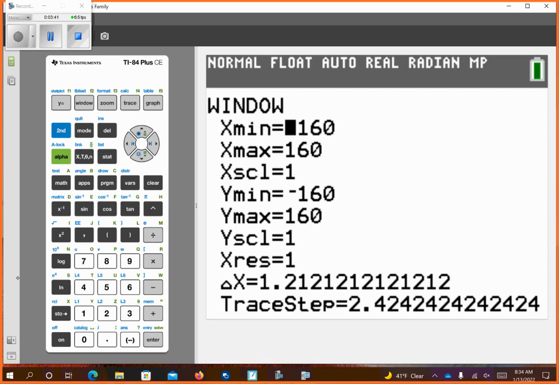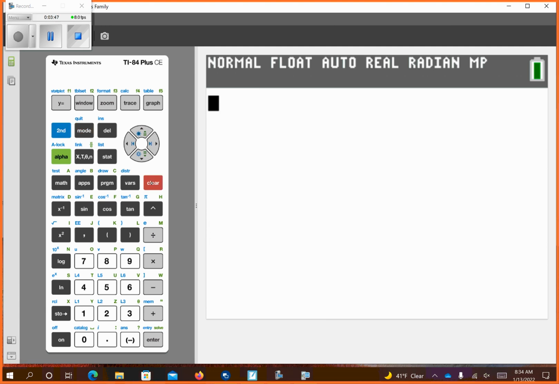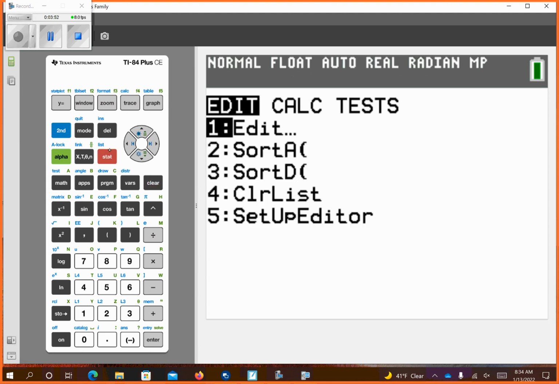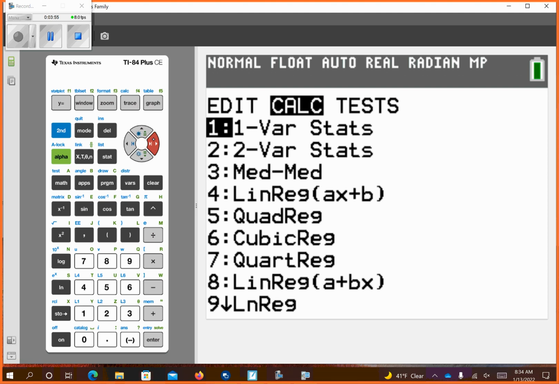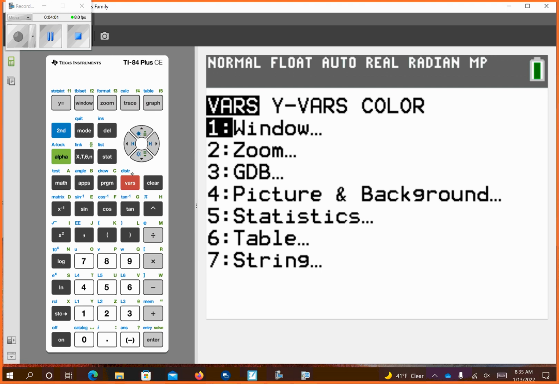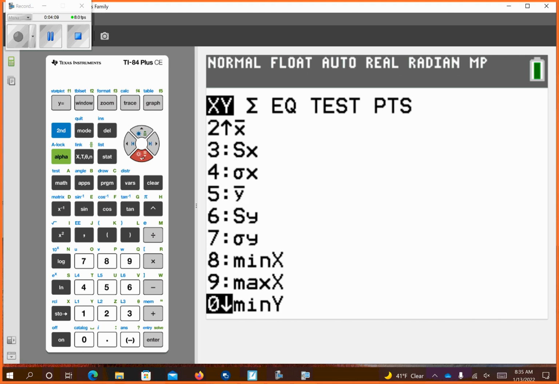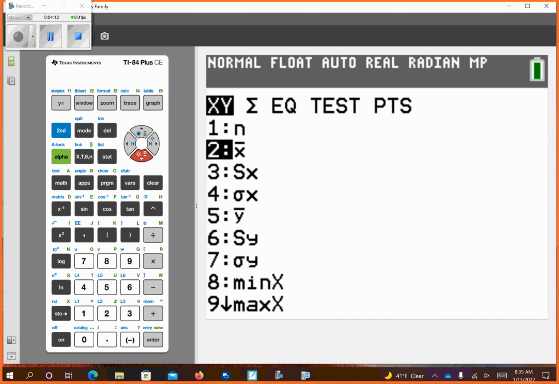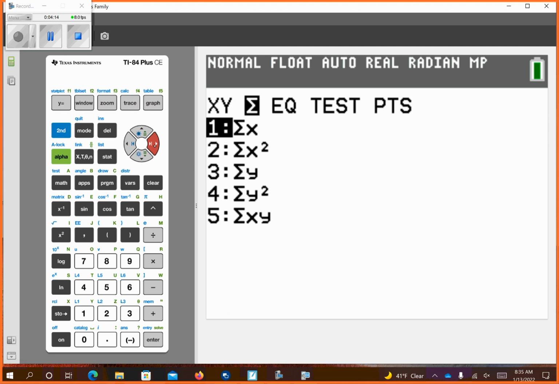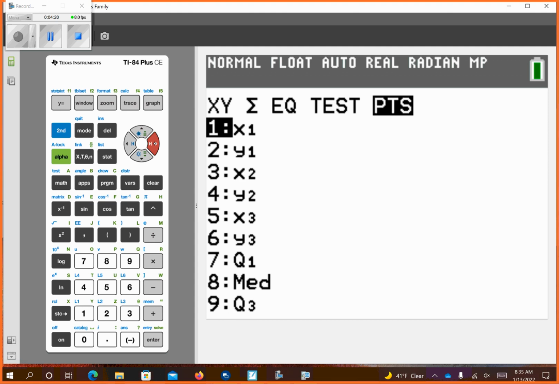So the graphing calculator has a random number generator, and I just have to remember where it's at. Let's see. It's in stat. Calculate. Test. Vars. Statistics. Okay, that's not it. Hang on. I'll Google it real quick.